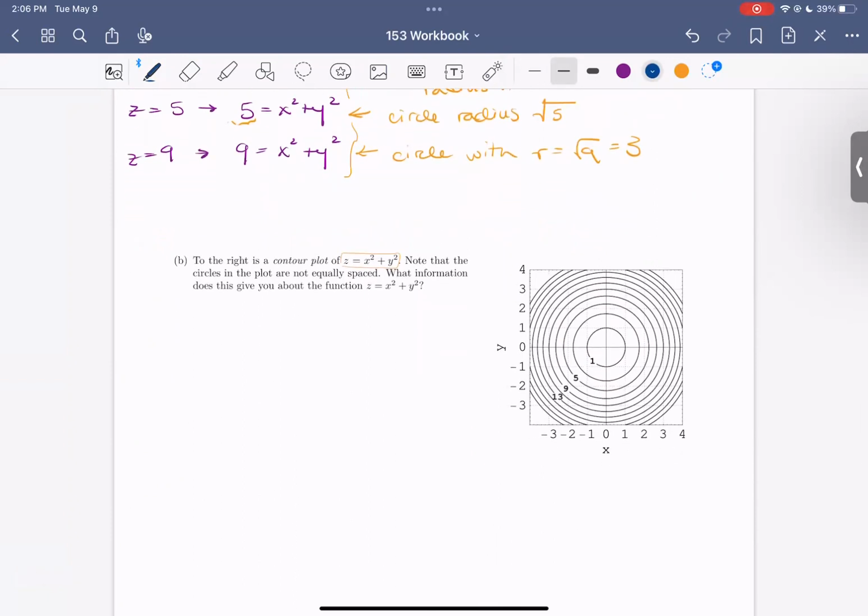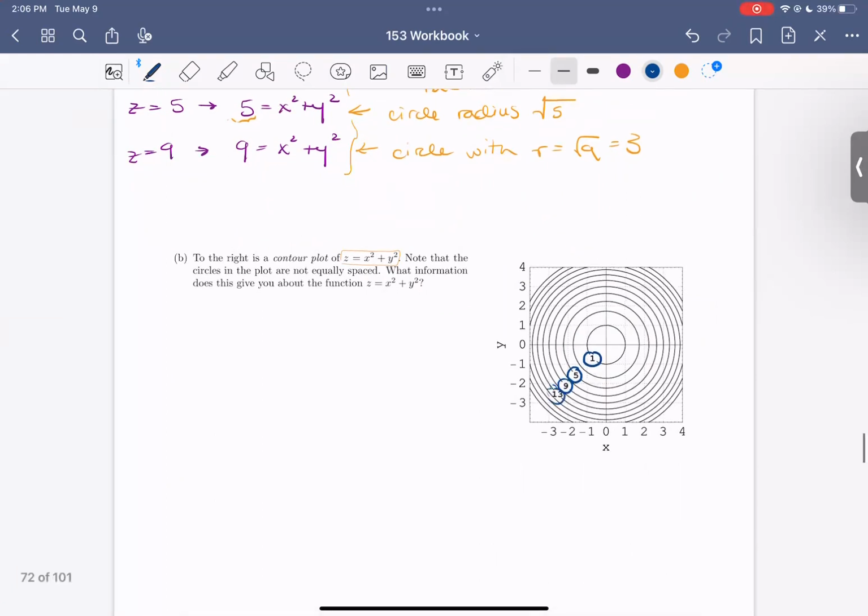Let's make a couple of comments about this contour plot. We see that the curves we're given are all circles, and that's what we saw in part A. No matter what your z is, it's going to be a different circle, just with a different radius. Notice we have numbers on our curves: 1, 5, 9, 13. These values are the z values associated with our function.